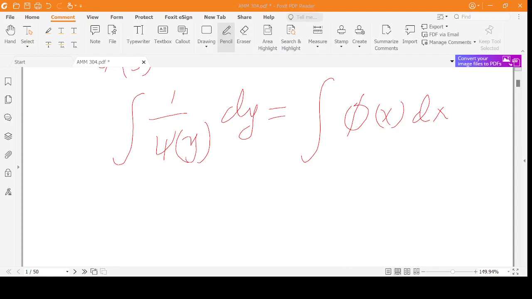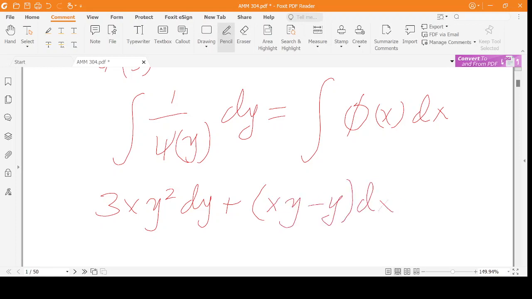We have an equation of this kind, which we can write as 3xy squared dy plus (xy minus y) dx equals 0.